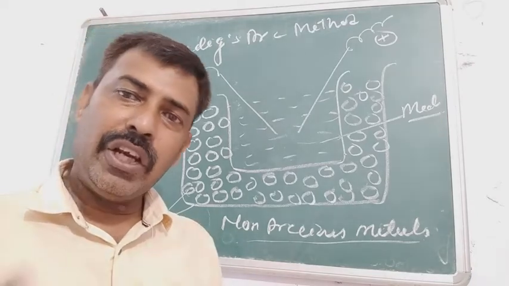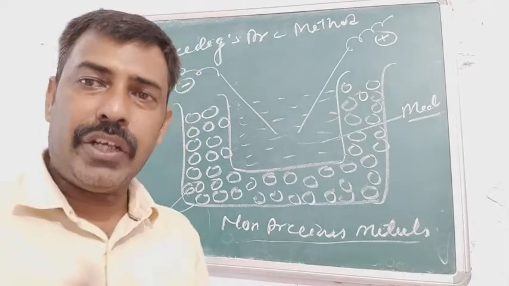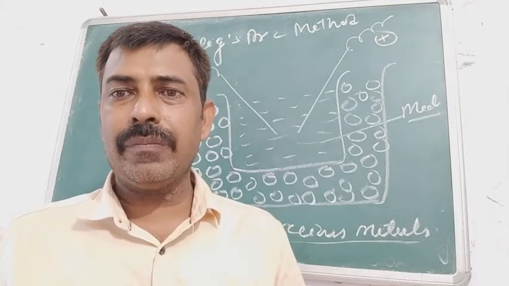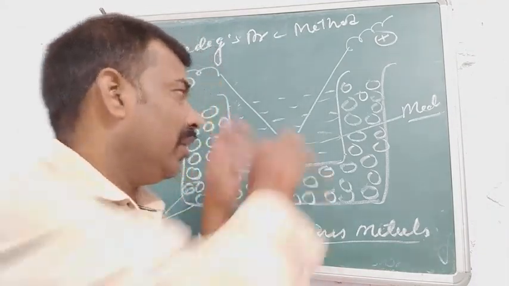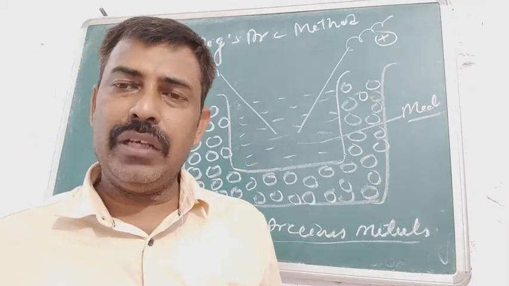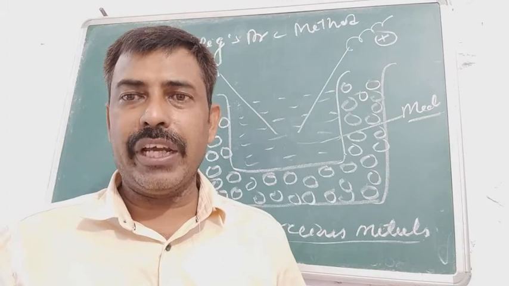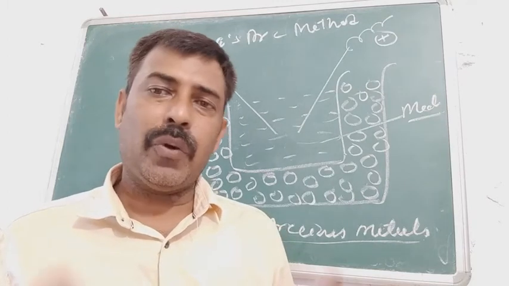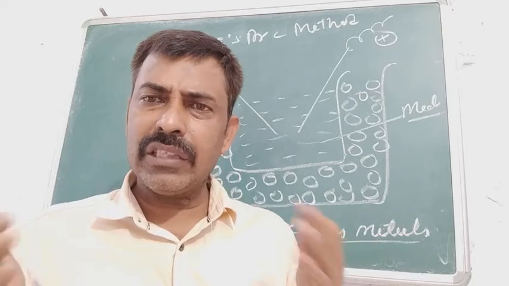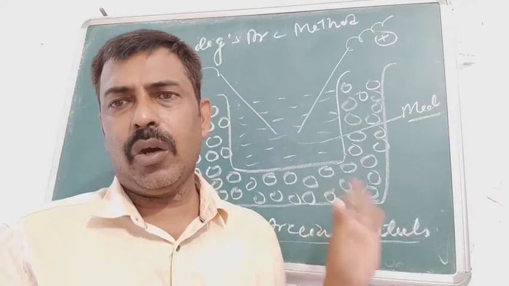That is called the heating effect of electricity. The heating effect of electricity will melt the metal, and this molten metal will dissolve in this liquid, and in this way the formation of colloid will take place. The process is very low efficient. Only less than 10% of the material dissolves in water.